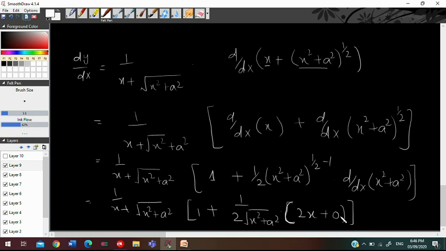Now when you simplify this whole equation, you will get the final result. This is the first derivative of your function, and you see that this 2 will be cancelled out with this 2. I will write it again, it's easier.